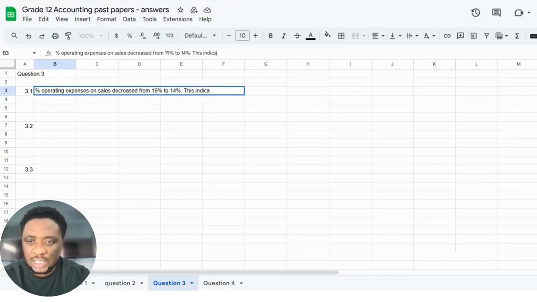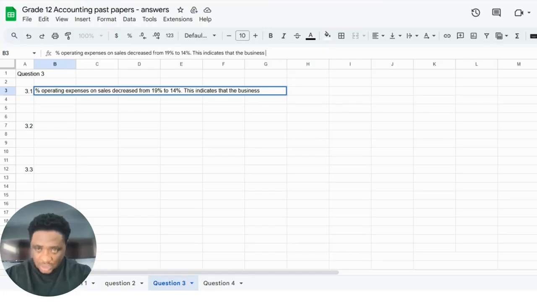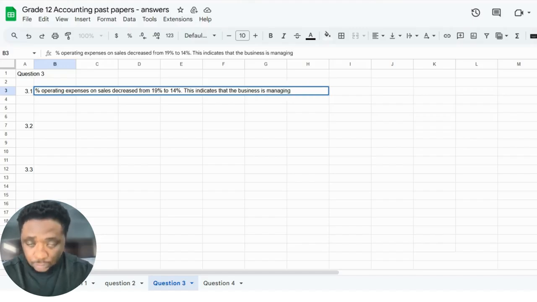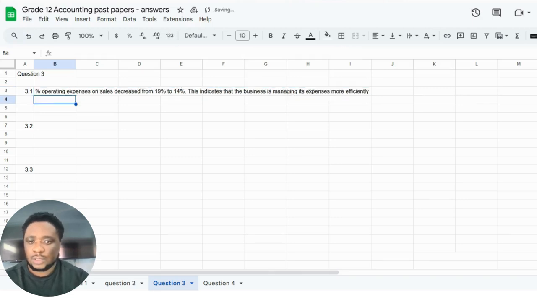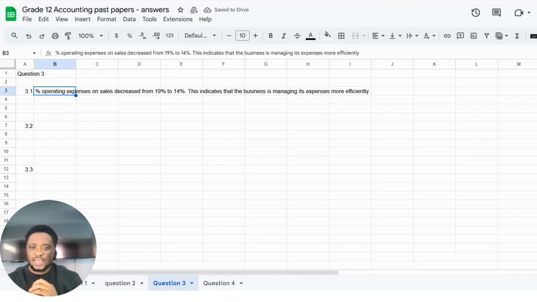So this indicates that the business, and you can name the name of the business, and you just say the business is managing its expenses more efficiently. That's pretty much all you have to say in there.